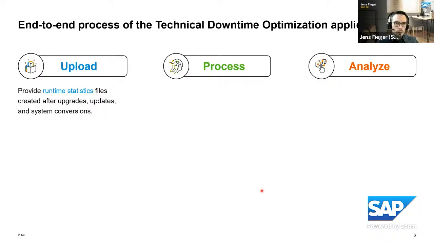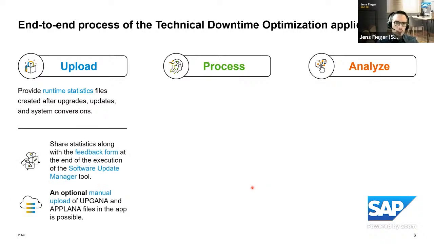On the one hand, and it's the easiest way, at the very end of the software update manager tool you are asked to provide feedback. That feedback could be like, hey, everything was very smooth and I like the tool. Or of course, if you have hit any issues, please be very honest and also tell the software update manager development team what should be improved in the tool.